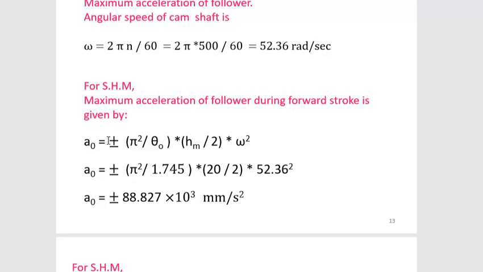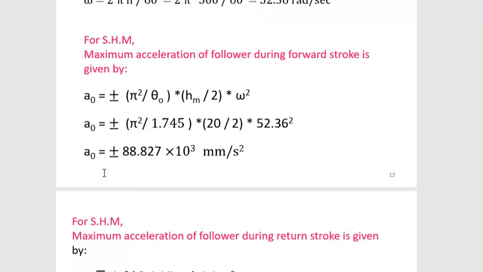So the whole thing is called the maximum acceleration of the follower during the forward stroke. Similarly, we can find the maximum acceleration value by substituting the known values.